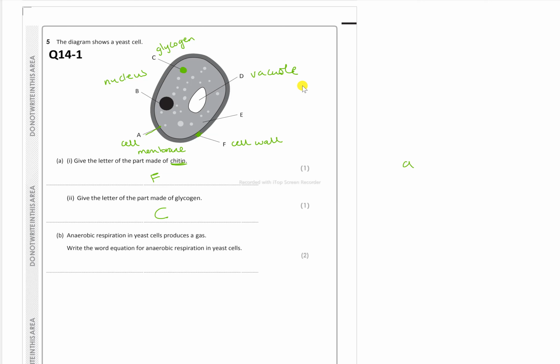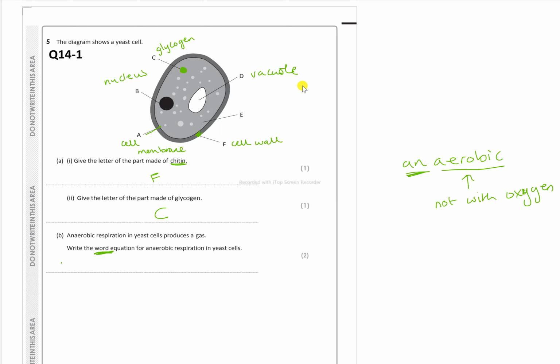Anaerobic, what did we say? Anaerobic, not aerobic. Aerobic is with oxygen, and when you put an 'an' in, it's not with oxygen. They want the word equation.